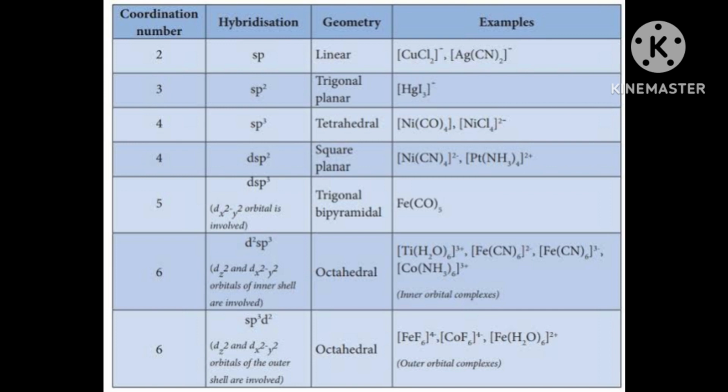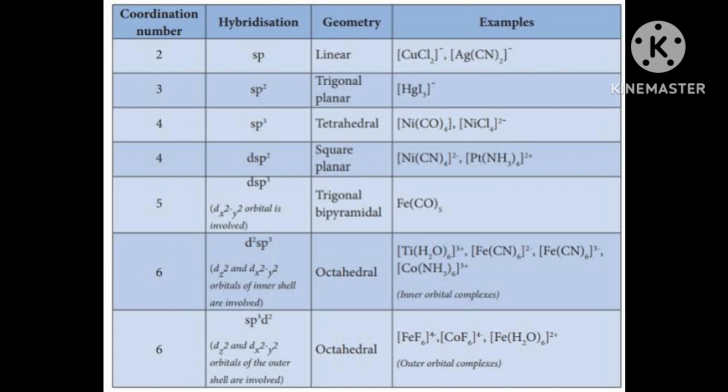Sometimes vacant or incomplete s or p orbitals can take part in hybridization. That's why it is written. Means after excitation, an electron from d can move. Suppose in d there are 5 orbitals: dxy, dyz, dzx, dx square minus y square, dz square.